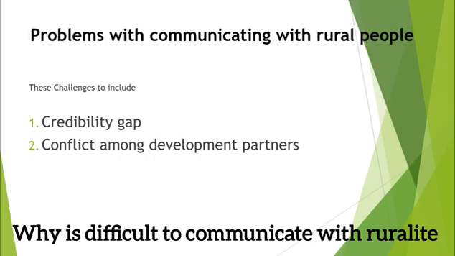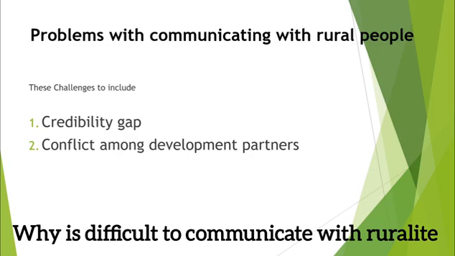Agricultural development programs involve several partners. It's not a one-man thing. A lot of agencies are involved, and sometimes you see that one development partner may want to do one thing and the other wants to do something different.